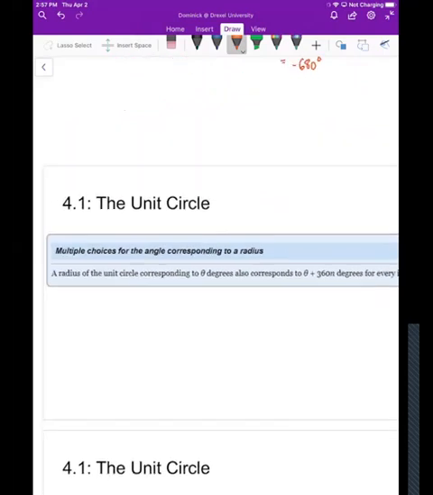So if you have an angle given in degrees, so theta is an angle on the unit circle, then you can add theta to any multiple of 360.